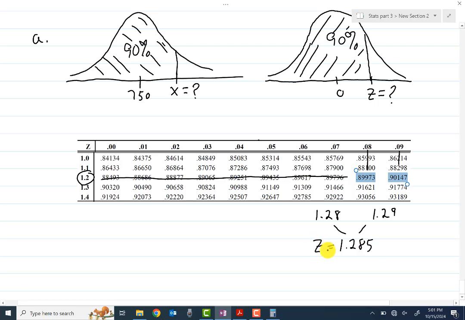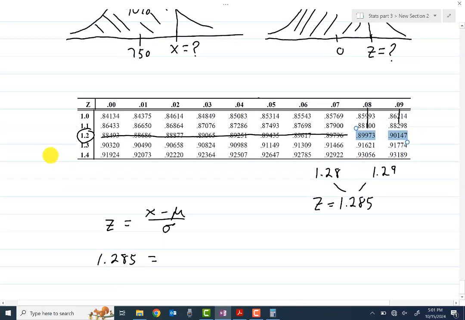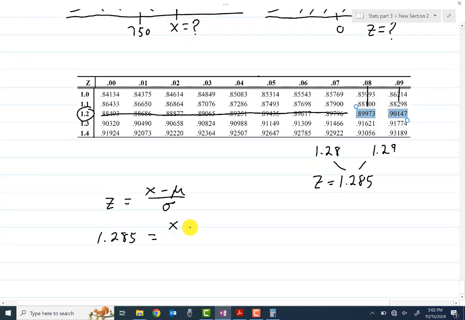Now we have to undo the z equation. So we know that the formula for the z equation looks like this. Well, the z, I know what that is, 1.285. The x, I don't know what that is. The mu was 750, and the sigma was 50.